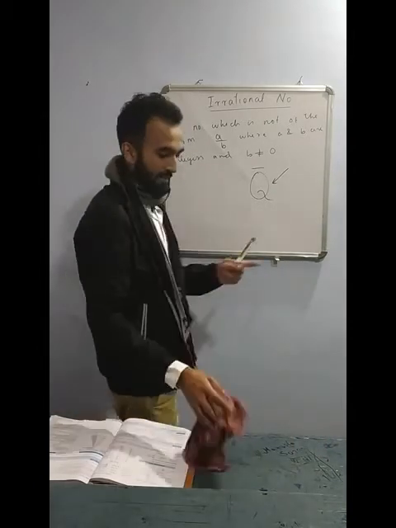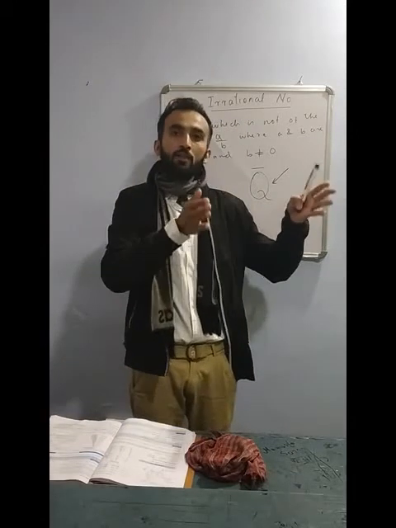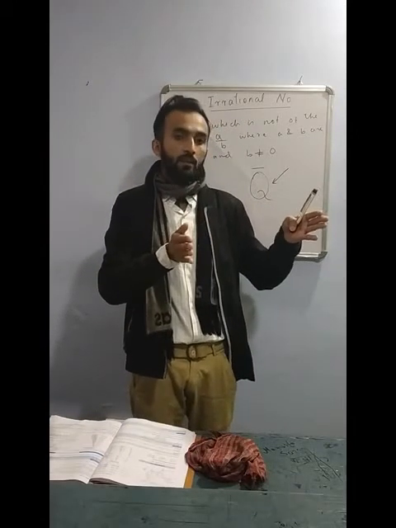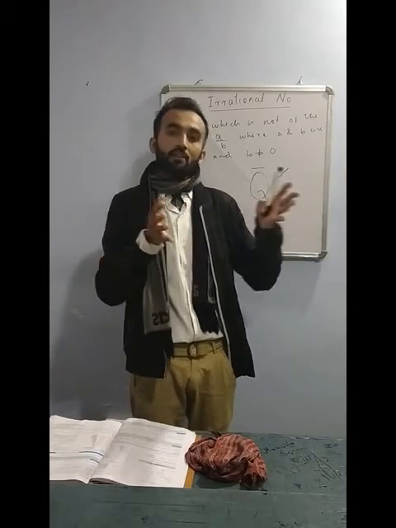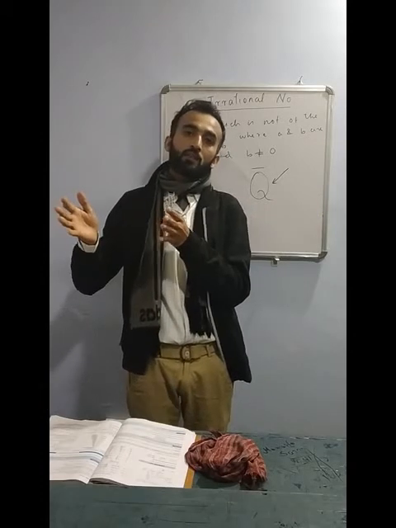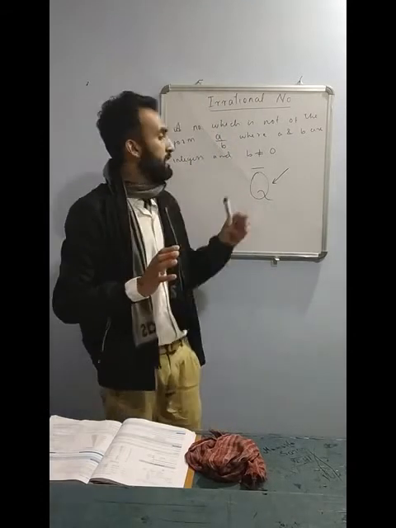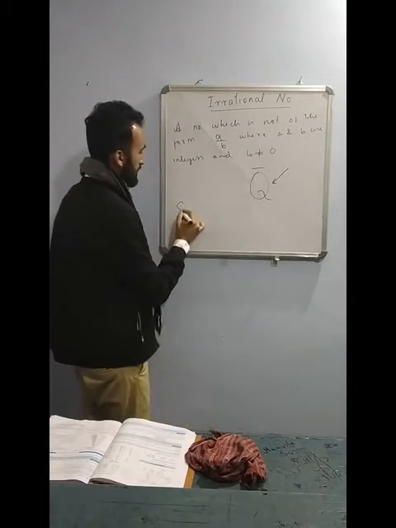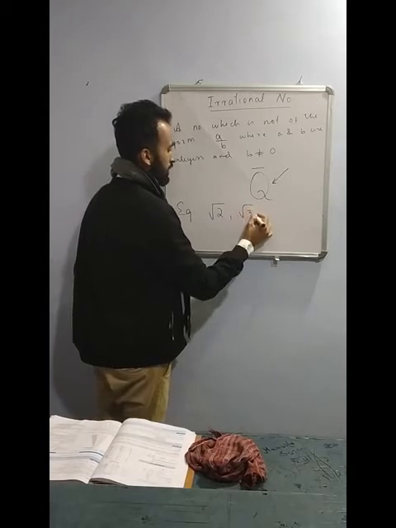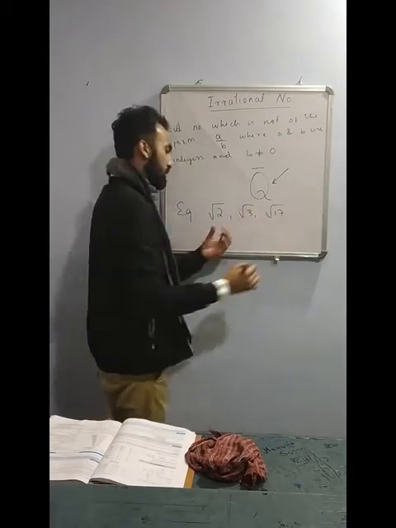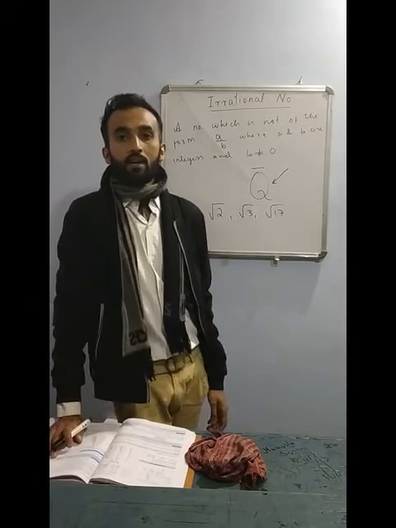Rational numbers include natural numbers, whole numbers and integers. And an irrational number is a number which cannot be expressed in the form a by b. Examples of irrational numbers are root 2, root 3, root 17, which cannot come out of the root completely. That is called an irrational number.